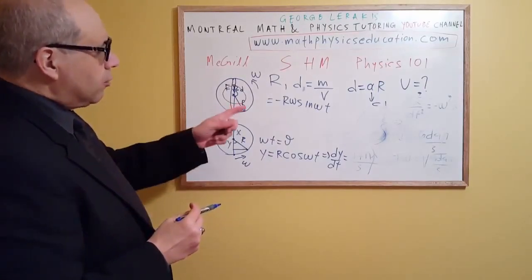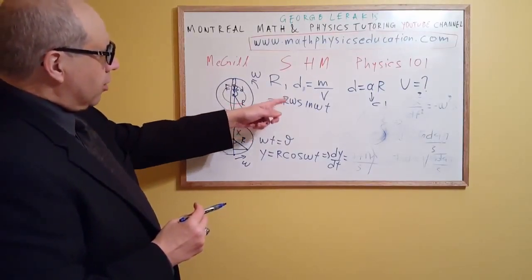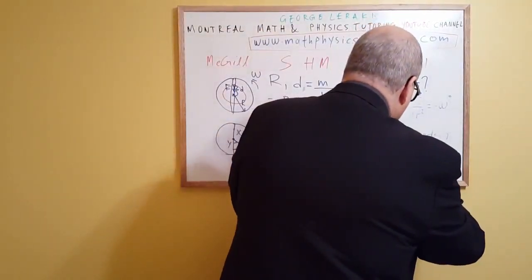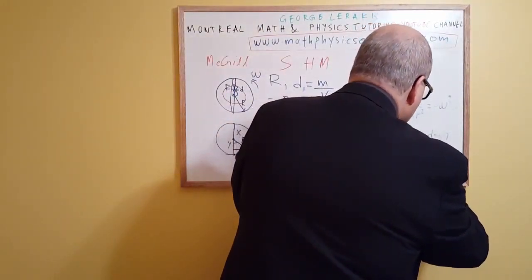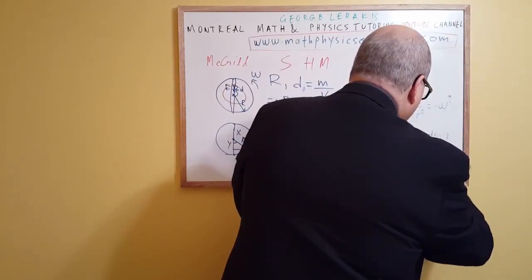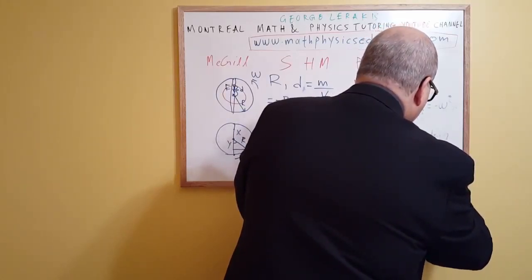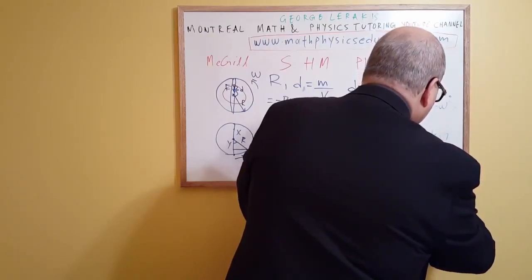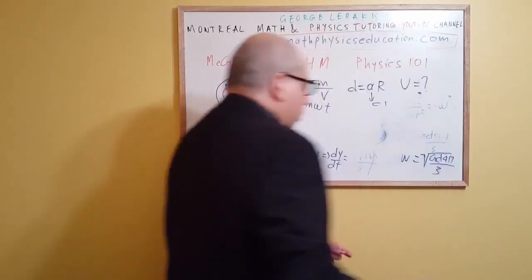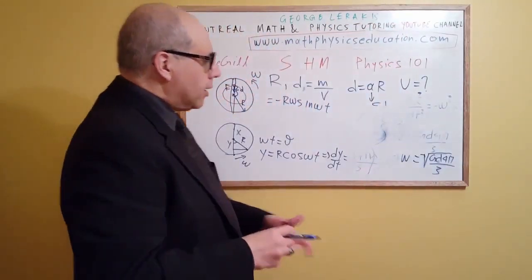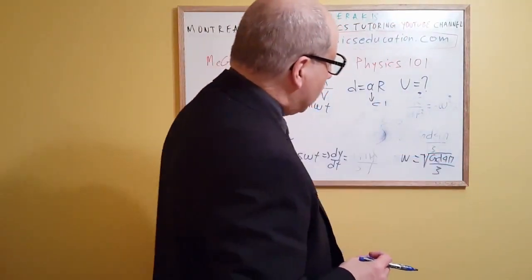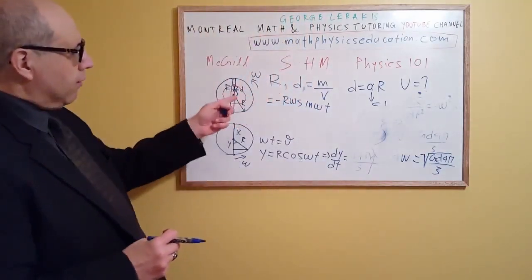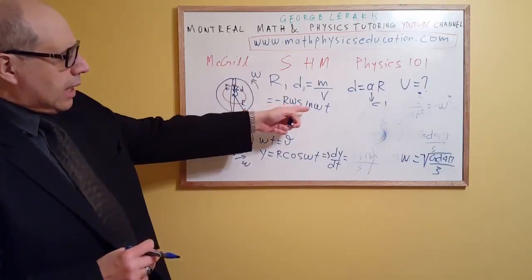And here, of course, you have r, you have omega. We said omega is equal to the square root of g d 4 pi over 3. So we have r, we have omega.